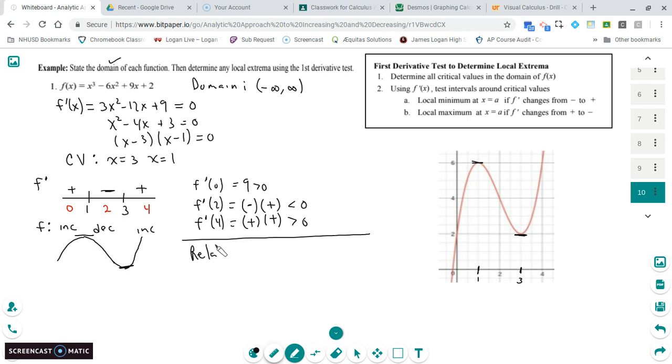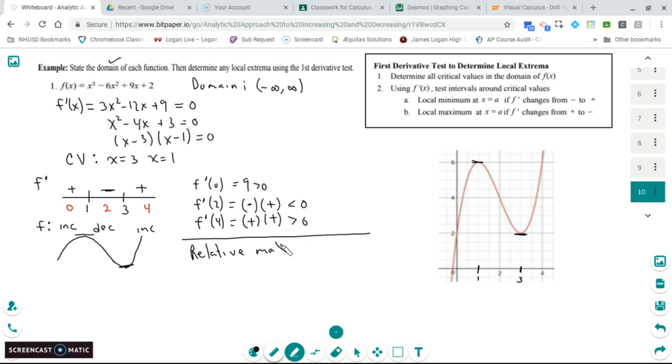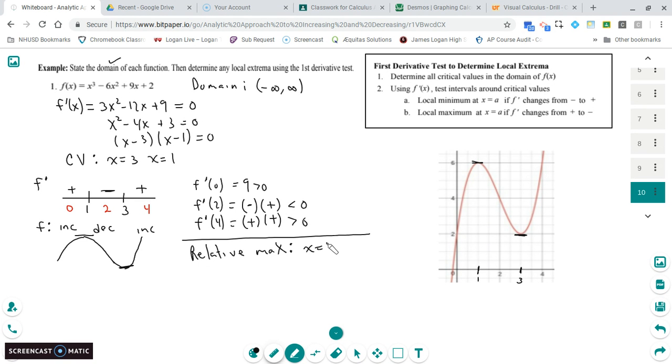Relative max is at x equals 1. And this is a relative minimum at x equals 3. I'll just abbreviate that, relative minimum at x equals 3.